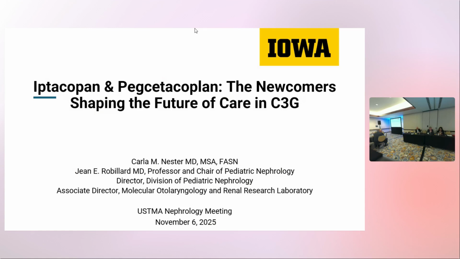We wouldn't actually call that C3G because we call that a monoclonal driven process, and because the treatments would be different. All the trials excluded these sorts of patients because it's a very different disease process. And although we think complement might be activated, still the drive is to get rid of the clone.